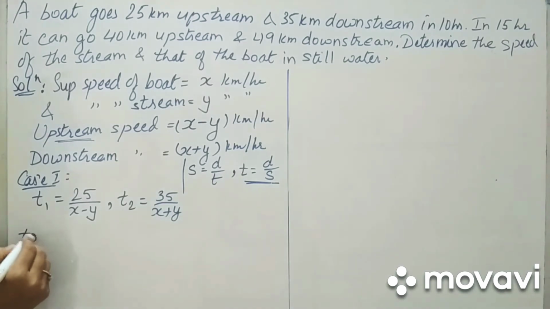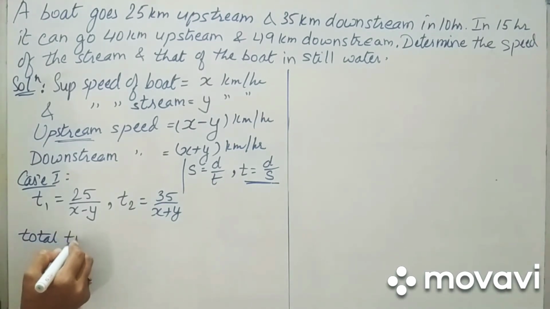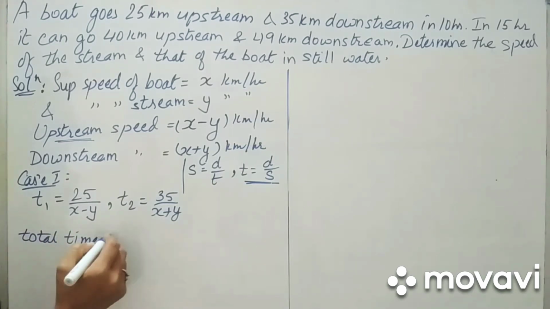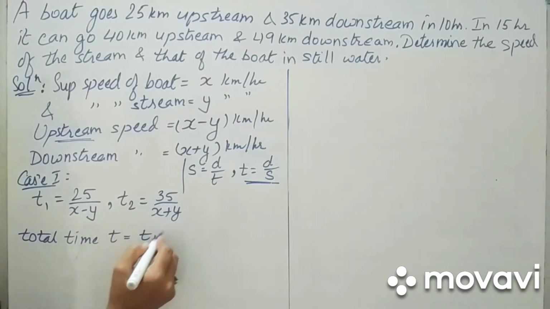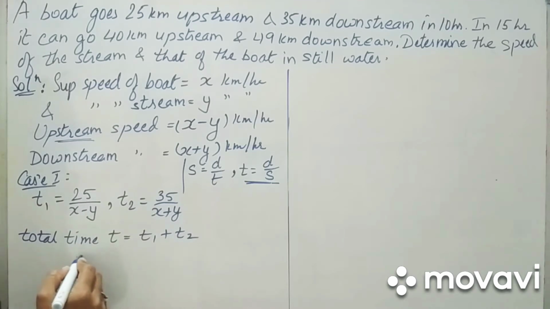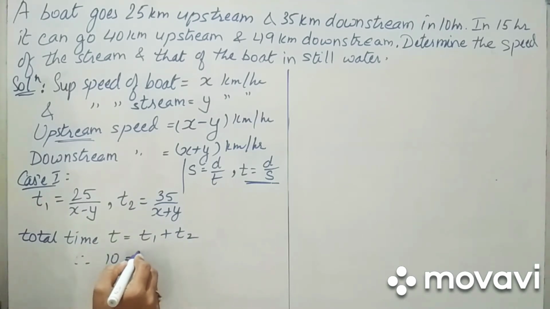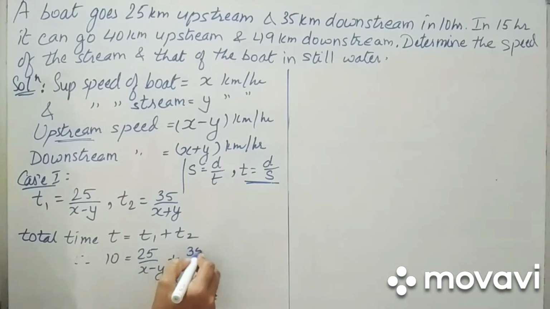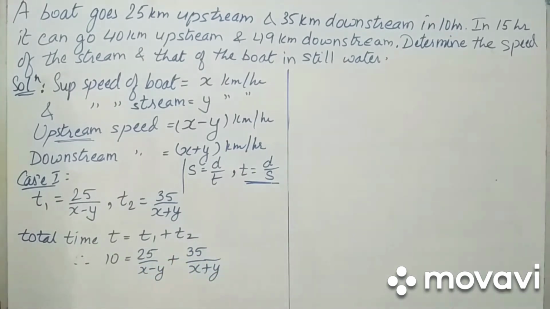So total time T is equal to T1 plus T2. Therefore 10 is equal to 25 upon x minus y plus 35 upon x plus y. This will give me equation 1.